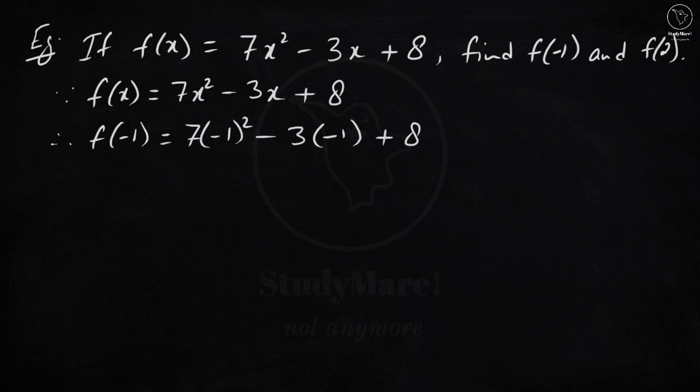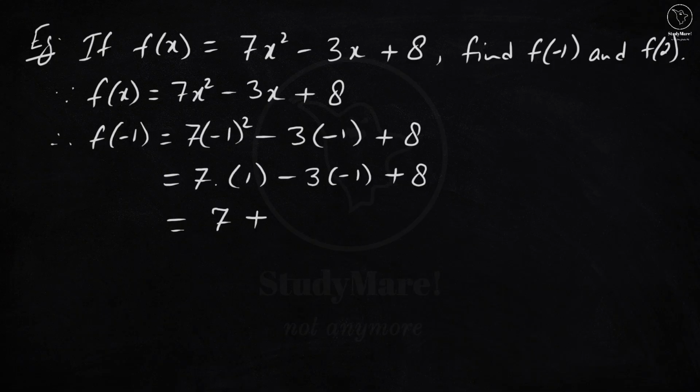Solving it further, we get 7 into minus 1 square is 1 minus 3 into minus 1 plus 8, which is equal to 7 into 1 is 7, minus 3 into minus 1 is plus 3 and plus 8, which is equal to 7 plus 3, 10 plus 8 is equal to 18.